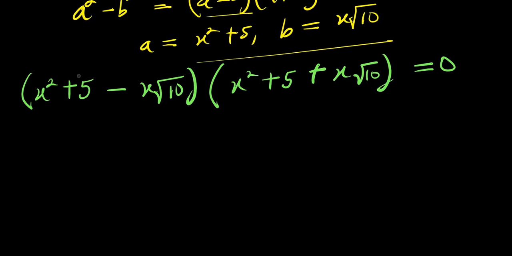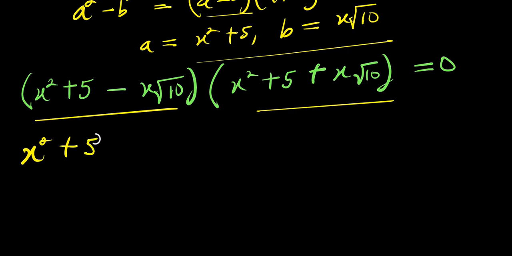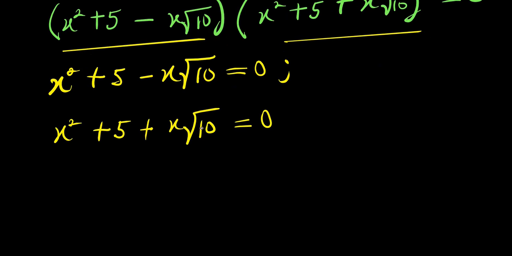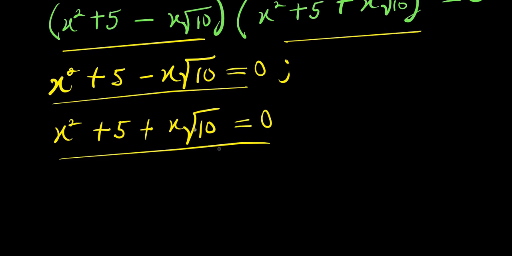So we can equate each of these to 0 to form quadratic equations. x squared plus 5 minus x times root 10 equals 0, and x squared plus 5 plus x times root 10 equals 0. So let's solve these two equations. We start with this one here.